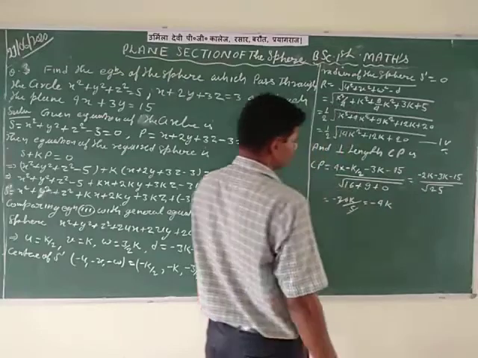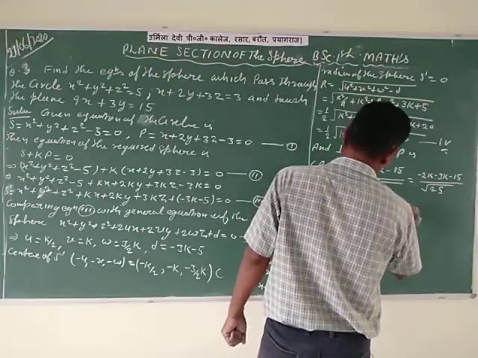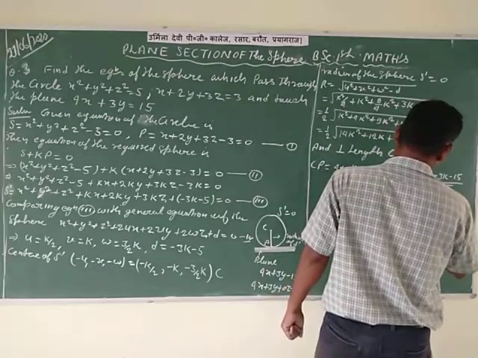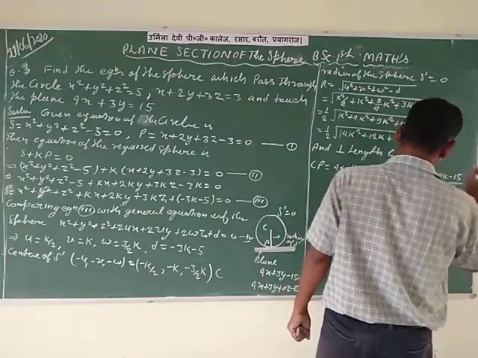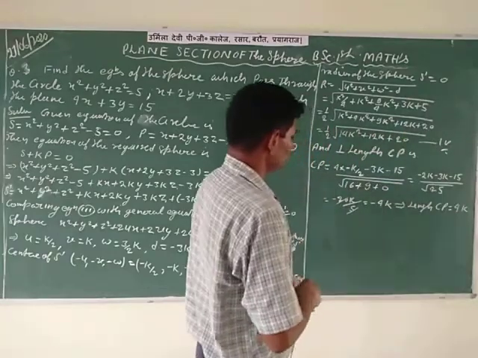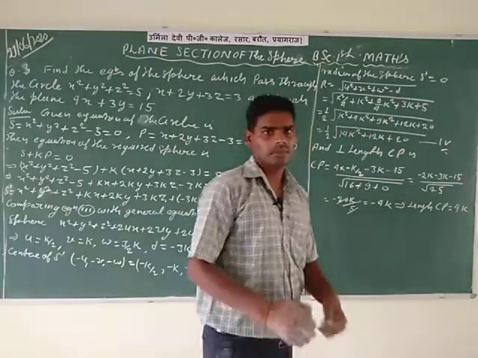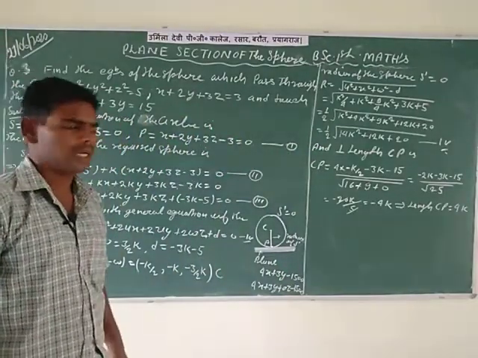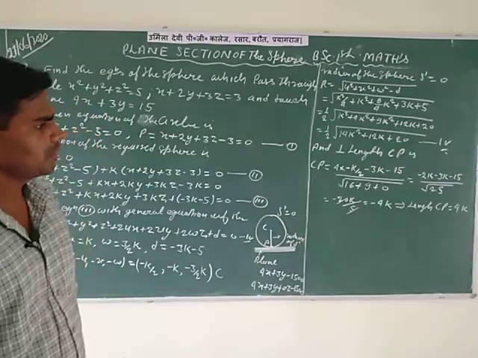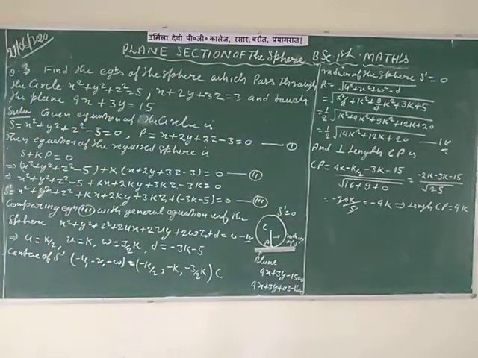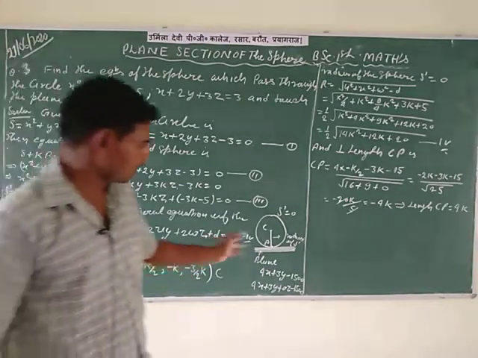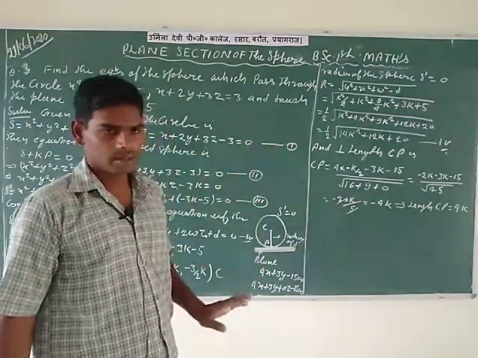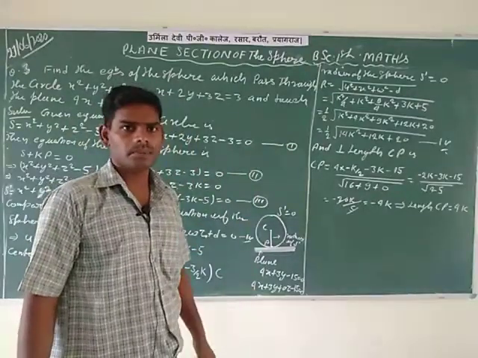You know that numerically, it is implied to length, so CP is equal to plus 4k, because CP is a perpendicular length, so in numerical form it is taken with the positive sign. From here it is clear that CP is equal to the radius R, because CP is also the radius of the sphere S dash.